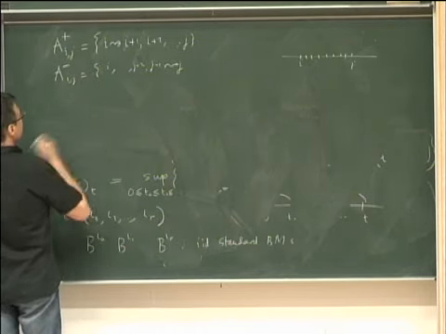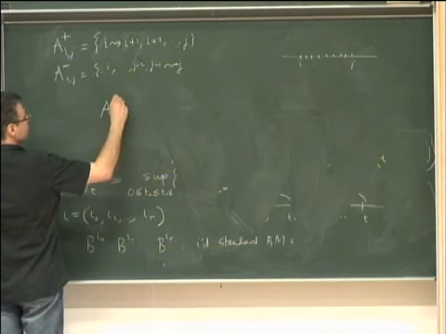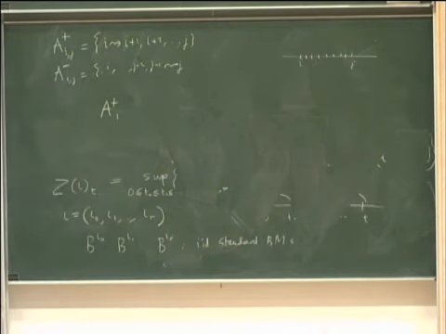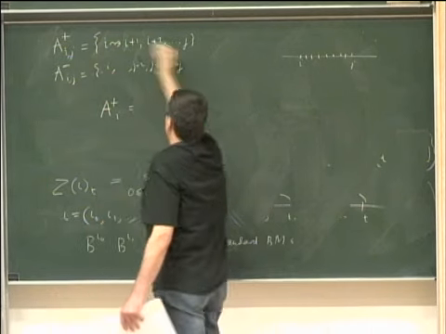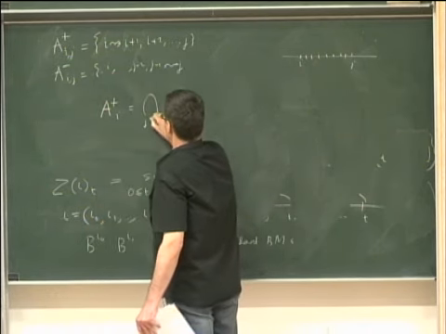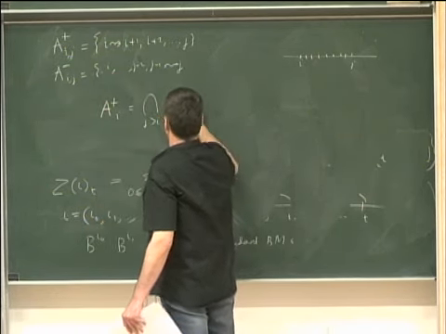So what is a gold point? A gold point is a point that will satisfy the following conditions. It will satisfy the condition A plus I, which basically means go all the way to infinity, the intersection over j greater than I of A plus ij.